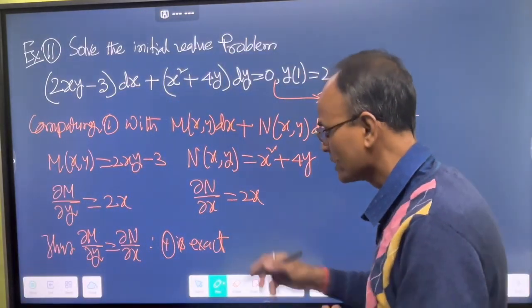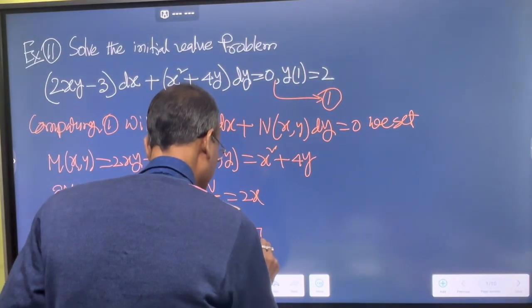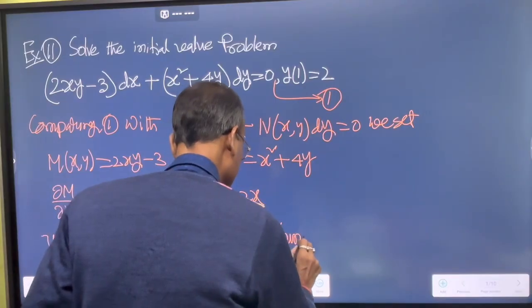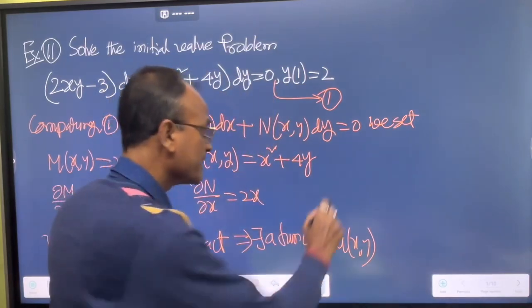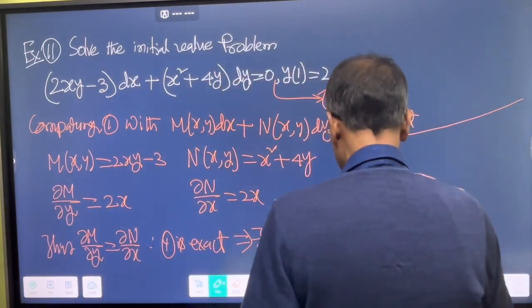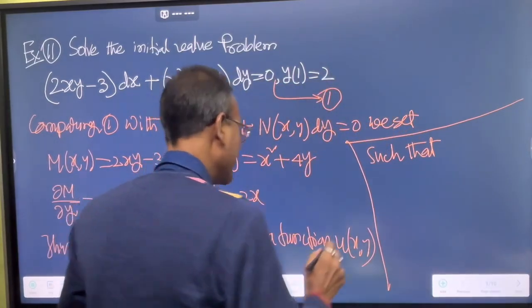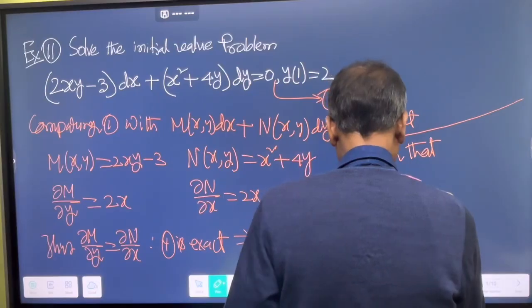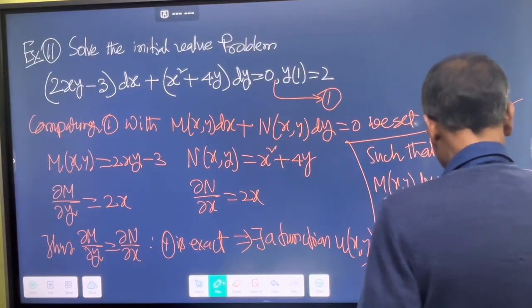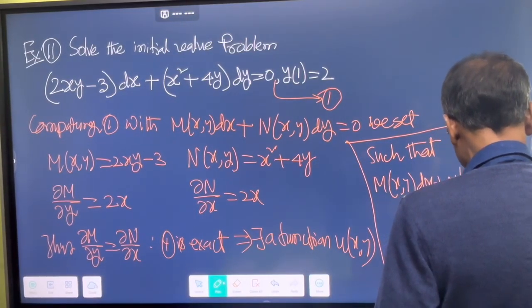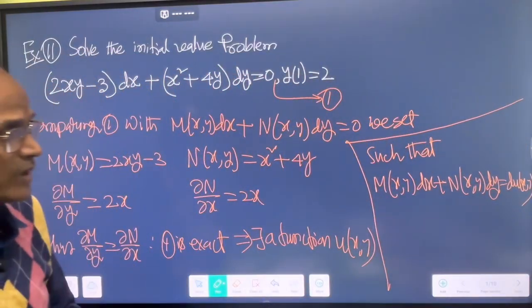Now, since 1 is an exact differential equation, there exists a function u of x and y such that M dx plus N dy equal to du.